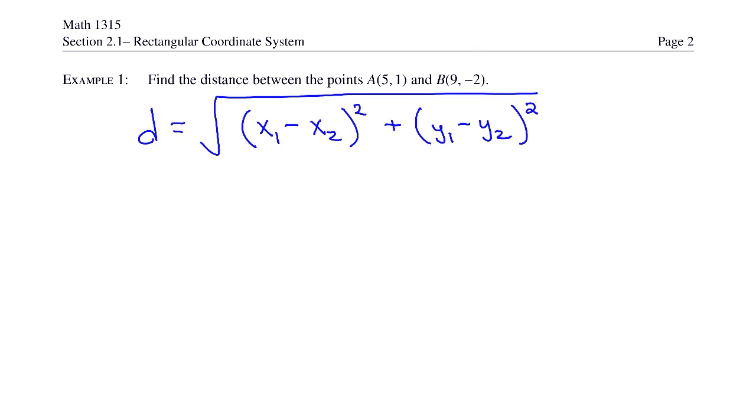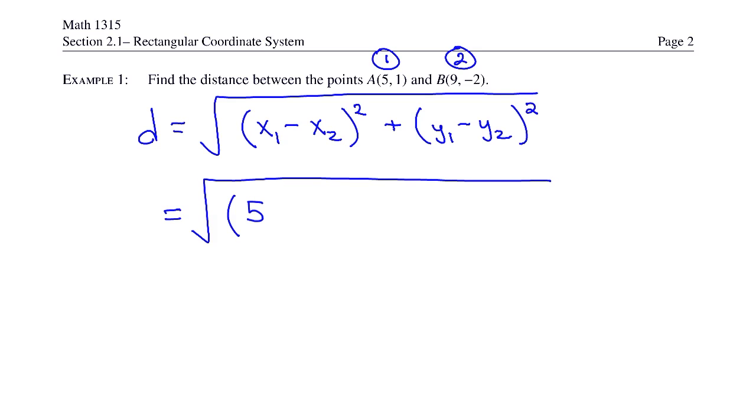I'm going to let point A be the first point and point B be the second point, and that's where I'll get x1, x2, y1, and y2. So the distance is the square root of 5 minus 9 squared plus, now the difference in the y's, 1 minus negative 2 squared.